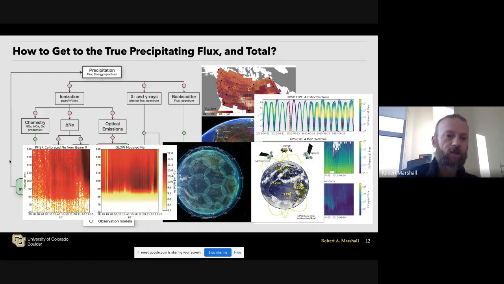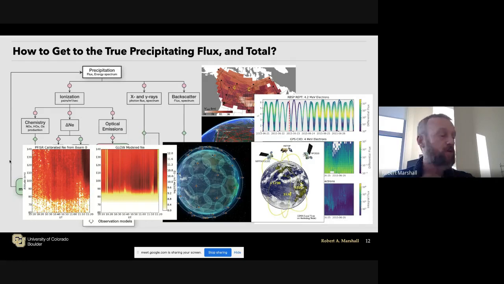Another method is using ground-based radar, which you might have seen on the diagram behind this. We have done quite a bit of work with the PFISR radar, which is up in Alaska, by measuring the electron density profiles in the D region. Our colleagues at SRI have vastly improved a method of measuring D region density profiles. It's very difficult because, again, those densities are very, very low.